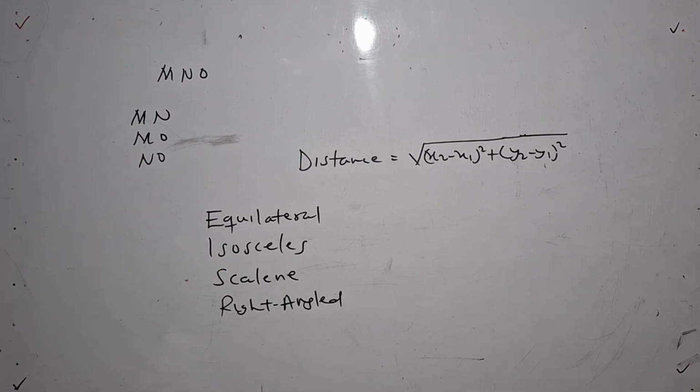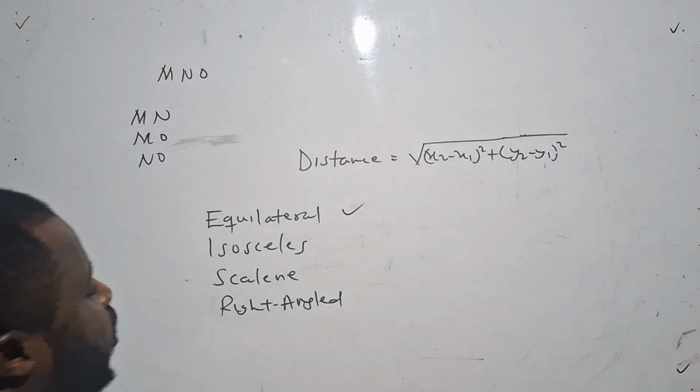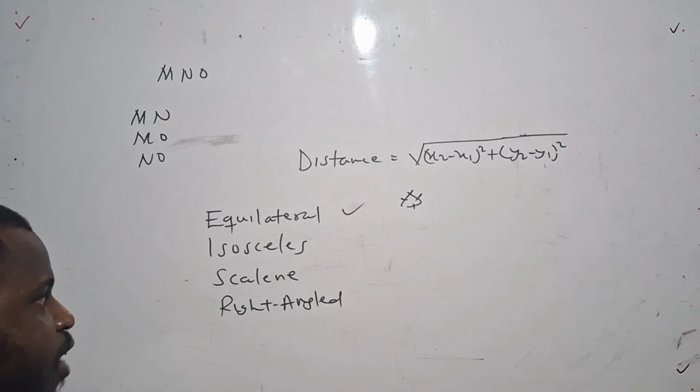When you calculate and all the sides are equal, it is an equilateral. Equilateral: all the three sides and angles are equal.